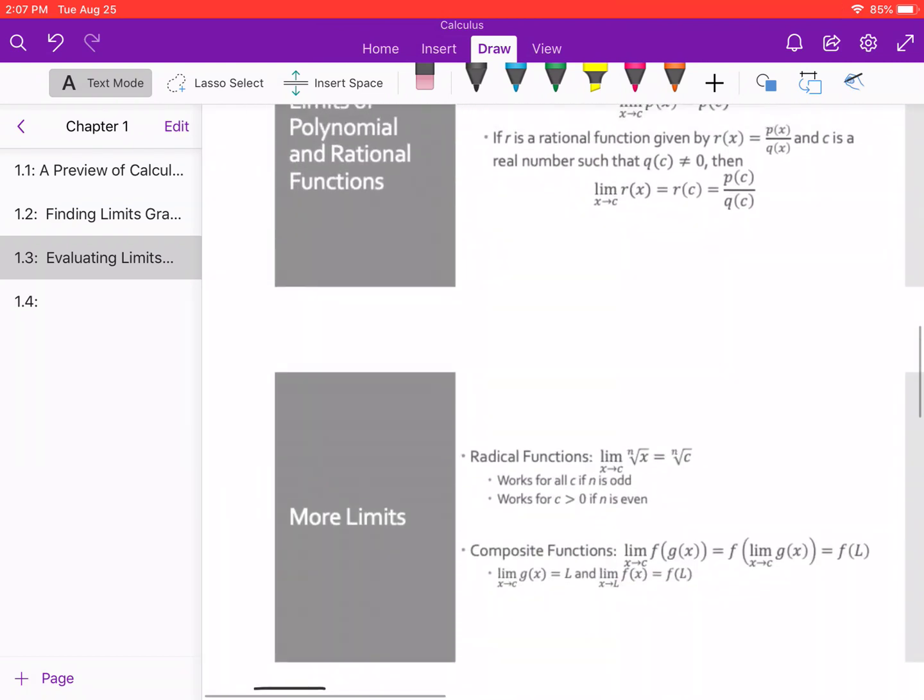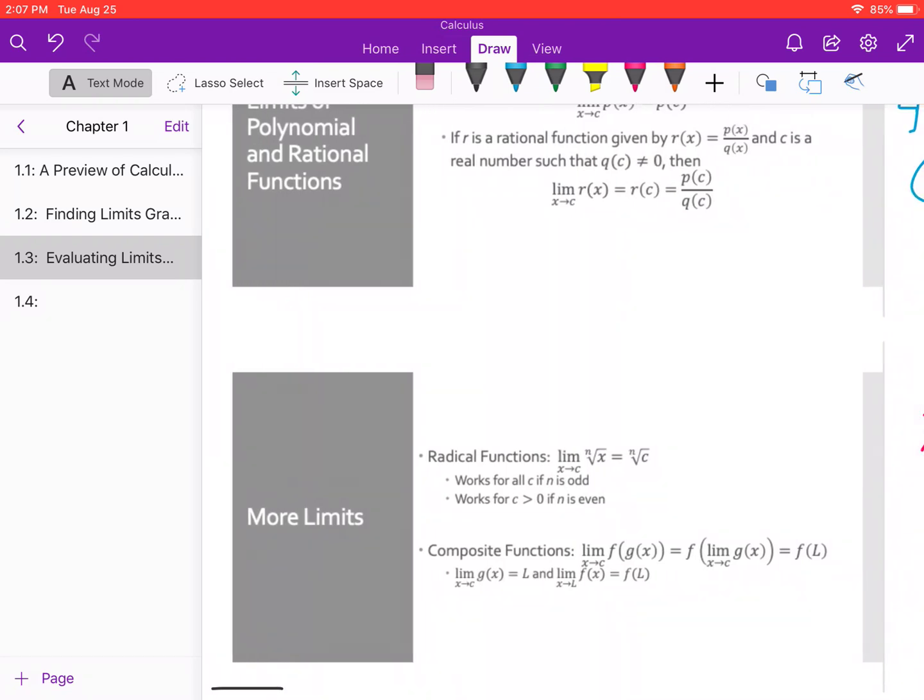And the last thing we're going to talk about today is just a couple more limits. So radical functions, when you have square roots, cube roots, it works to just plug in that c value, but there is one little thing we need to pay attention to here. So it works for all c if n is odd. So if we have a cube root or a fifth root or a seventh root, etc., it's going to work no matter what. But when n is even, so if we have a square root or a fourth root or a sixth root, remember that c has to be greater than 0.